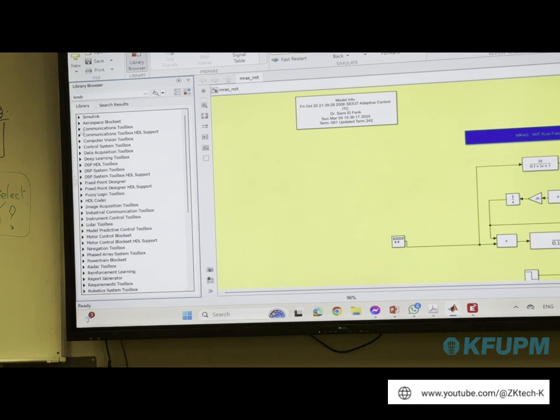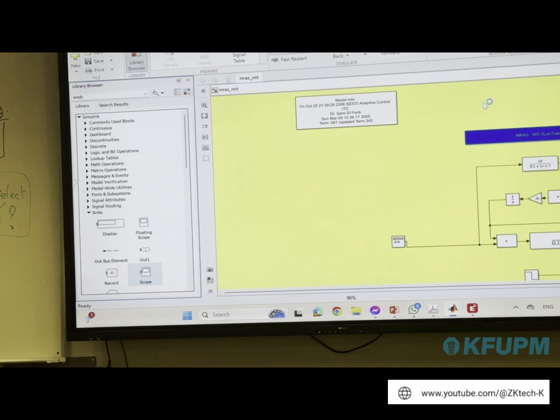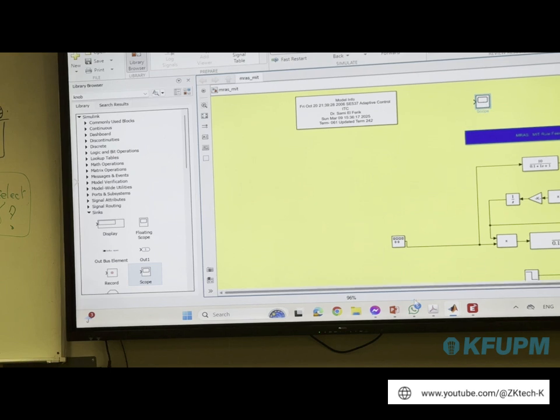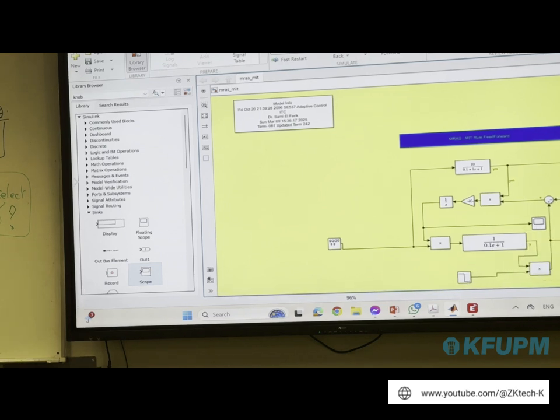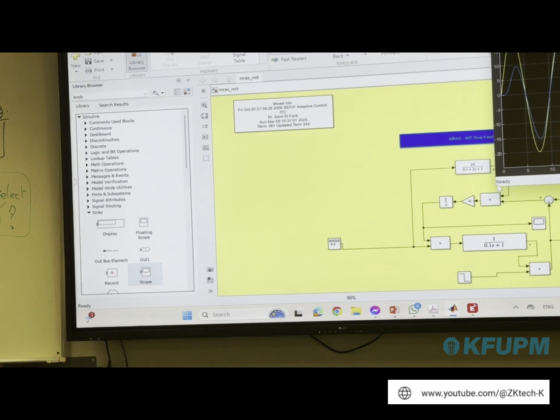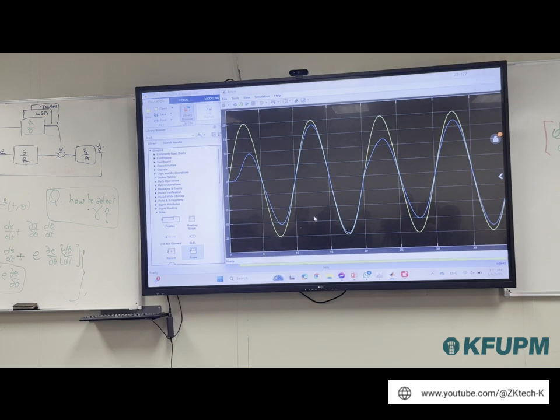Alhamdulillah. Sometimes you talk about technology and adaptive control and all smart things, and then at the end you find out that there is an issue. The controller does not work.